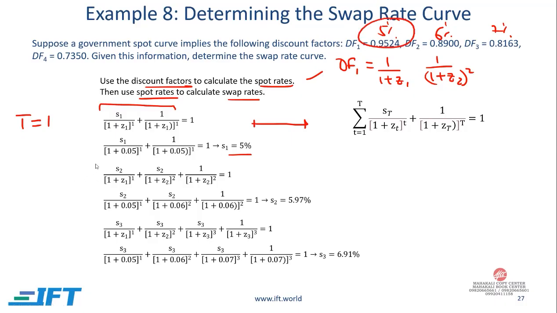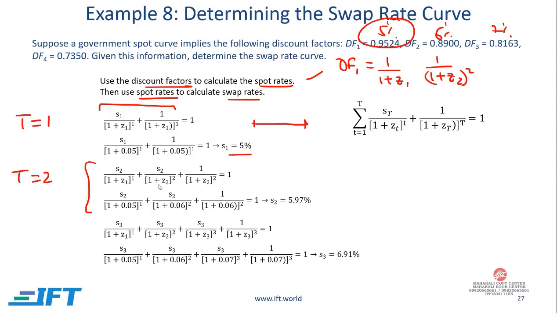Then the second one is more interesting. So here we assume t is equal to 2. Therefore, we have this S2. S2 represents the fixed payment for a 2-period swap. So this is the first payment discounted at Z1. Then the second payment discounted at Z2.